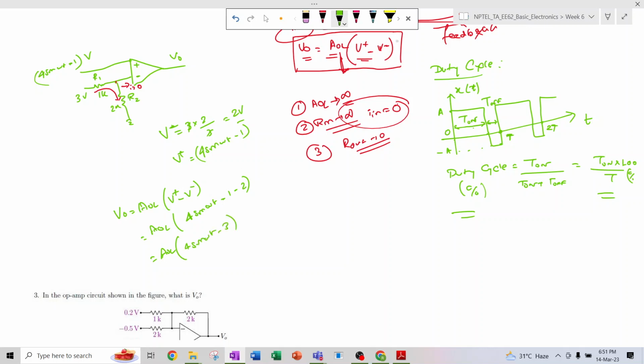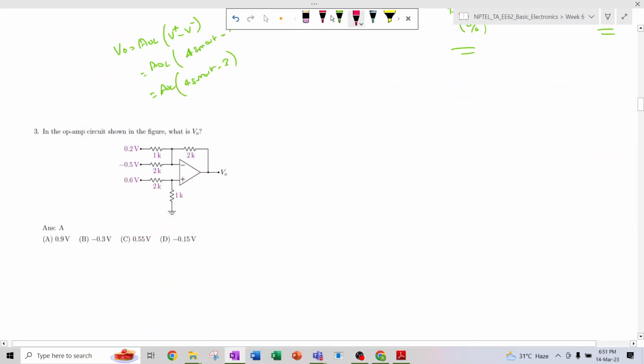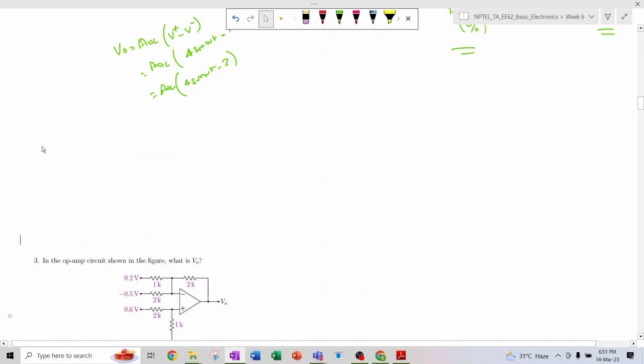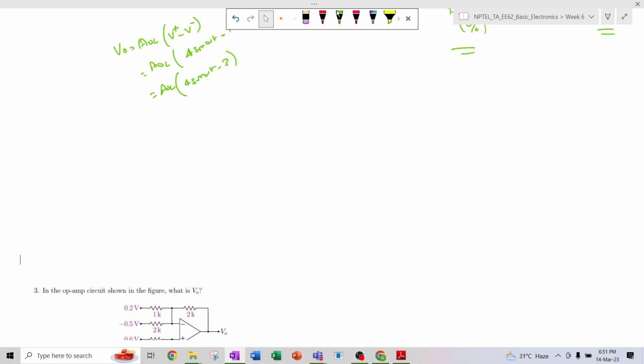Now you have to draw the waveform to see how it looks. If you draw 4 sine omega t versus omega t, it will be simply this.